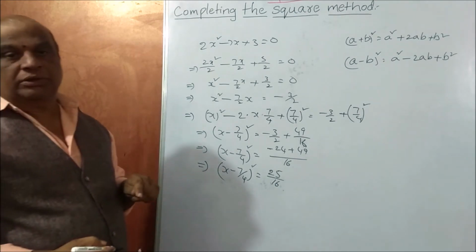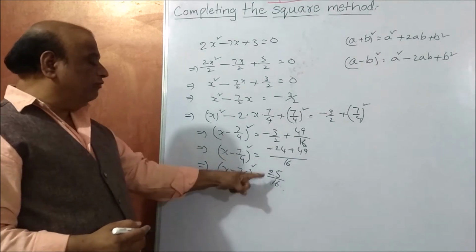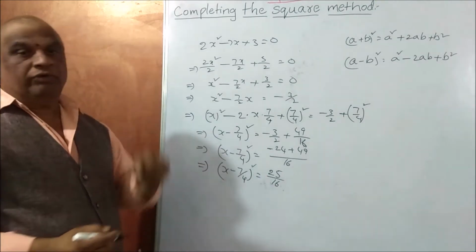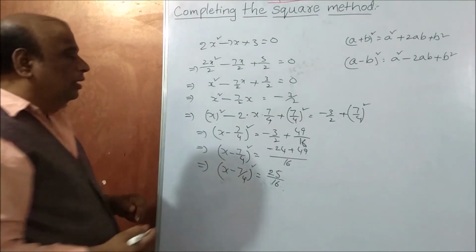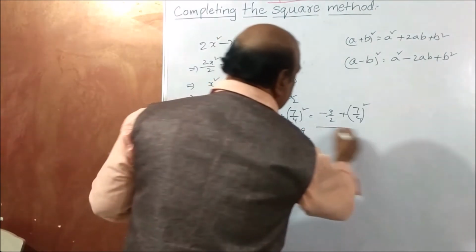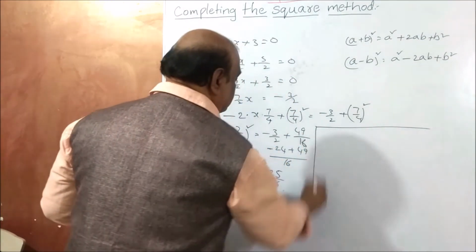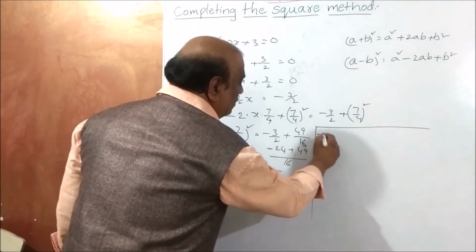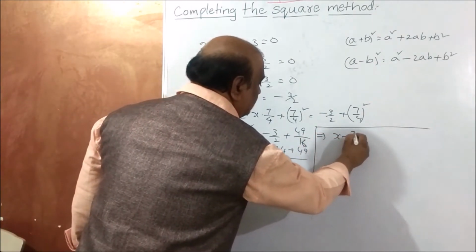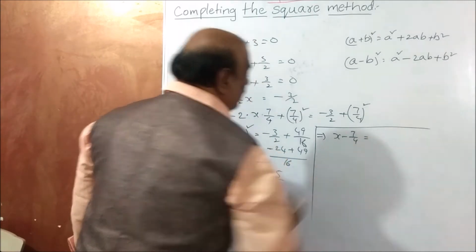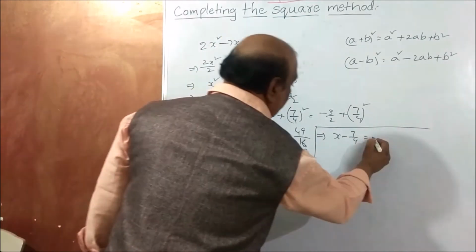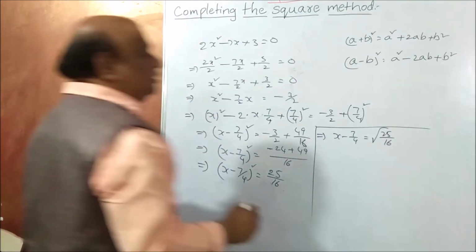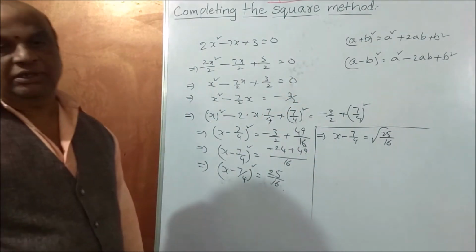Okay, clear my dear students? 25 by 16. X minus 7 by 4 whole square is equal to 25 by 16. Now x minus 7 by 4 is equal to root of 25 by 16.